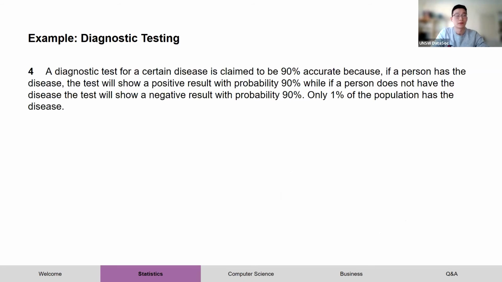Okay, now that we know what Bayes' theorem is, we can actually use this in applied ways, such as in diagnostic testing. So in a real world situation, suppose someone has a disease, for instance, and we have some way to test whether the person is positive for that disease, or we can test if they don't have the disease.